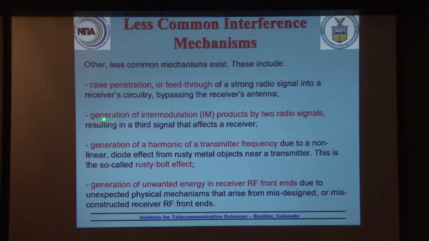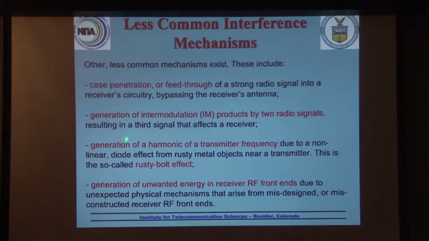Another problem is one in which multiple signals being transmitted from a single site, typically a broadcast transmitter site up on a hilltop for television, FM radio, and land mobile radio signals, intermodulate with each other. Two radio signals mix and produce a third signal, or more than a third signal, can produce several signals, and those signals can affect a receiver. Those are called intermod or IM products.